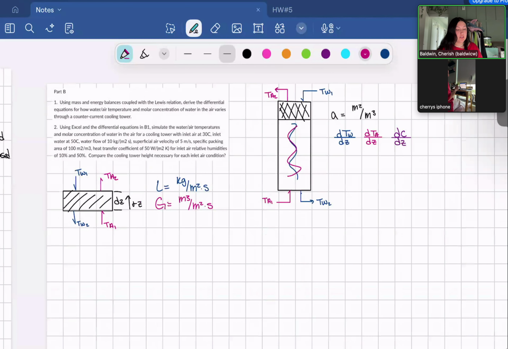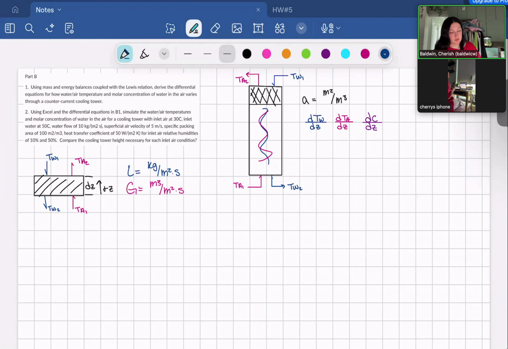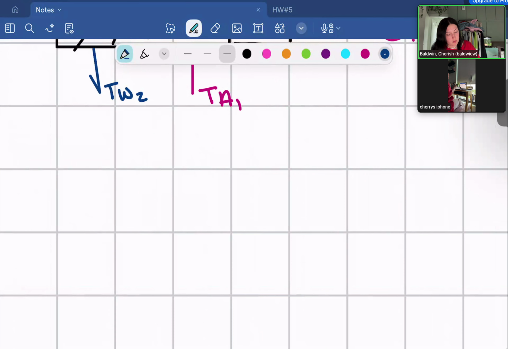All right, so now let's go into defining the equation for the temperature of water through dz.